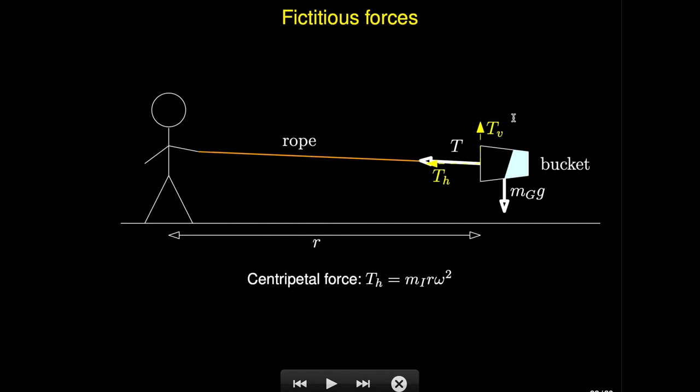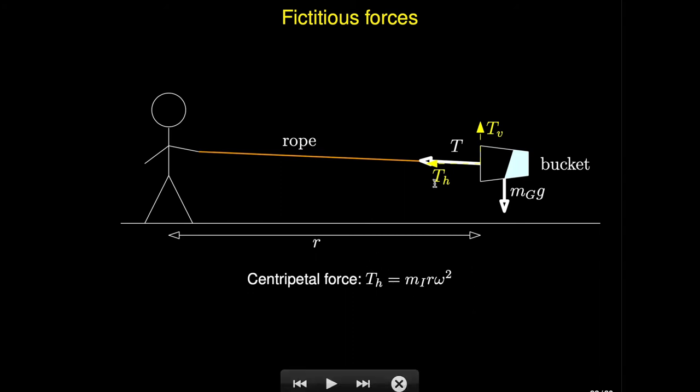If we're assuming that the bucket just stays at the same height, then TV will exactly equal mg times g. So this upward force from the tension will match the downward force. And then we have this resultant force, which is the horizontal component of the tension. It's a resultant force towards the center, and that's what gives you your centripetal force.